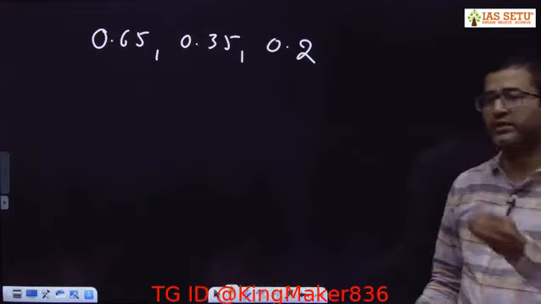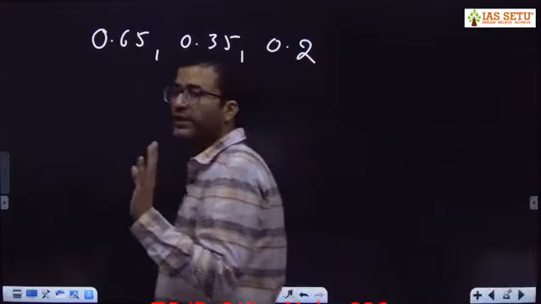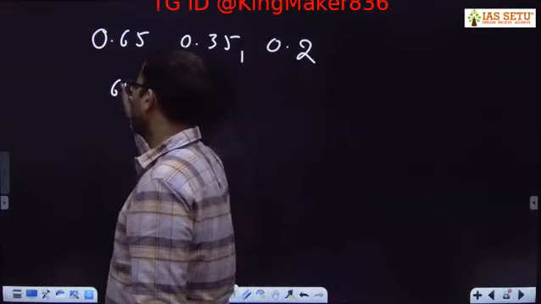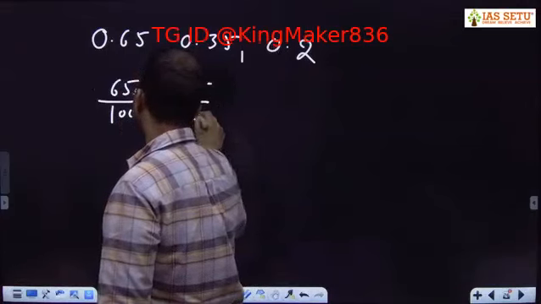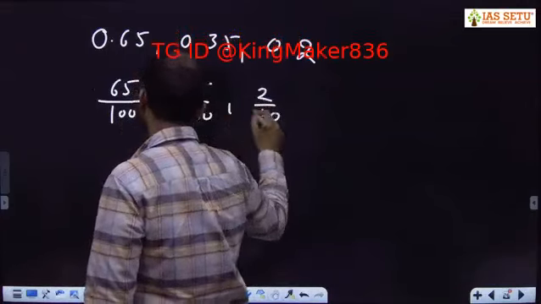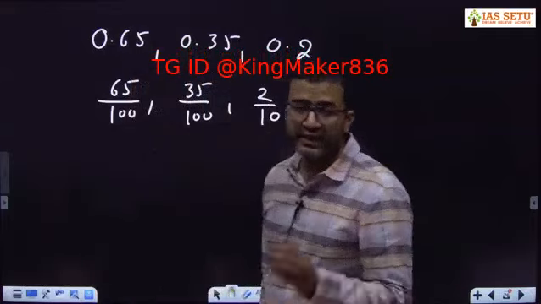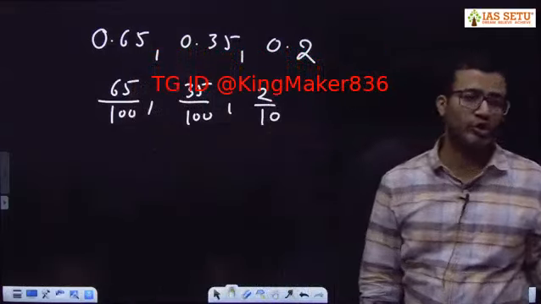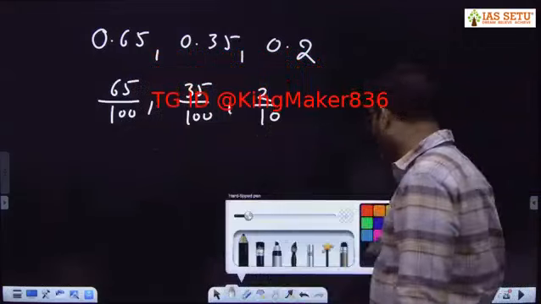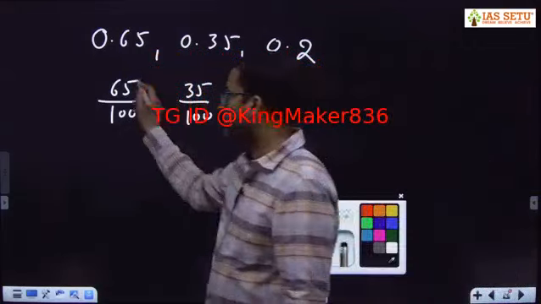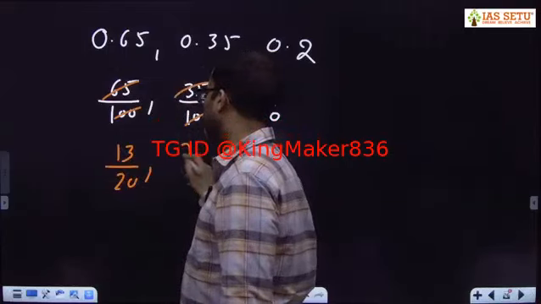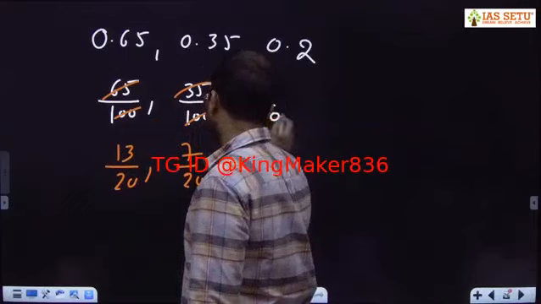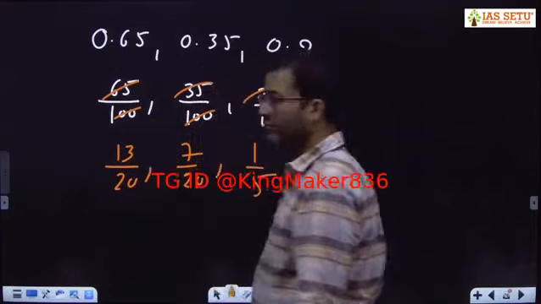You convert these given decimals into fractions. 65 upon 100, 35 upon 100, 2 by 10. Then it is nothing. This becomes your type 2 version. Don't forget to simplify. This is 13 by 20. This is 7 by 20. This is 1 by 5.